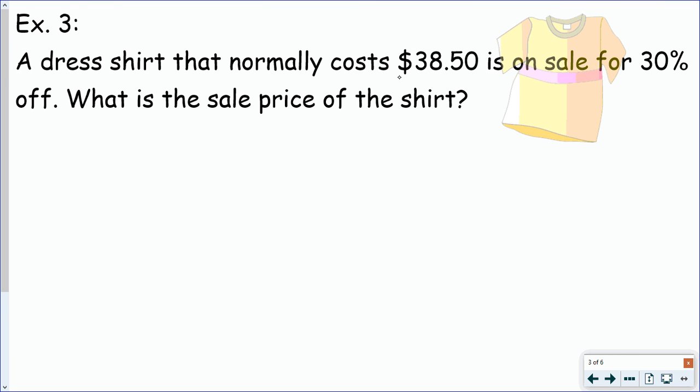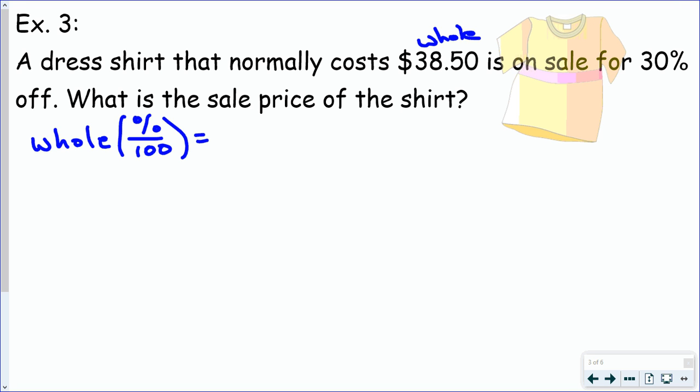A dress shirt normally costs $38.50 and it's on sale for 30% off. What is the sale price of the shirt? So we want to find out what 30% of $38.50 is. $38.50 is the whole amount, and we want to find out what 30% of that is, which is the part. This is where we're going to use whole times percent over 100 to find out the part.